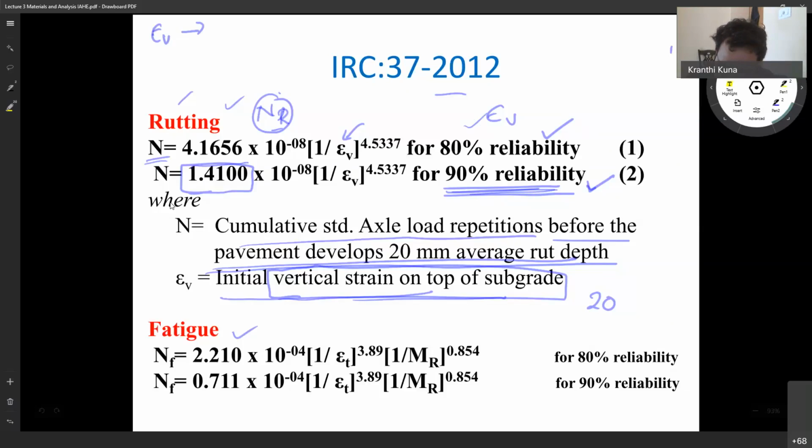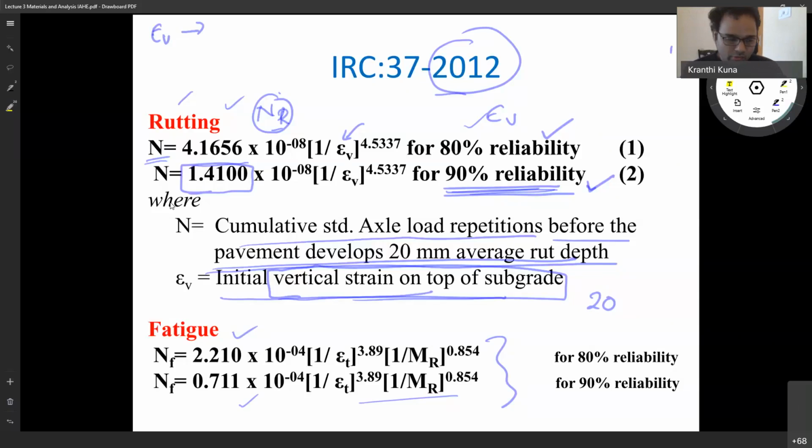Similarly here as well, this equation gives 3 times lesser life. This is the 2012 model. There are small modifications to this equation in 2018. I will show all those when we get to IRC 37.